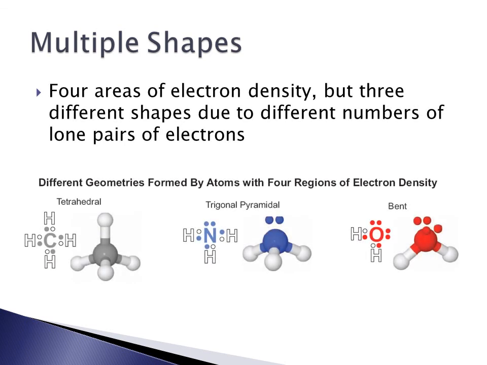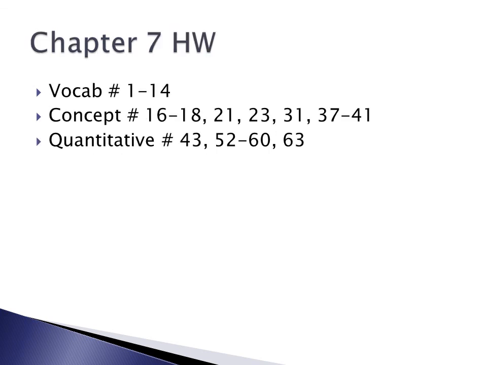So depending on our numbers of lone pairs of electrons, we can have different molecular shapes even though we have 4 areas of electron density. The tetrahedral shape has 4 bonded pairs. The trigonal pyramidal shape has 3 bonded pairs and 1 lone pair. And the bent shape has 2 bonded pairs and 2 lone pairs of electrons.